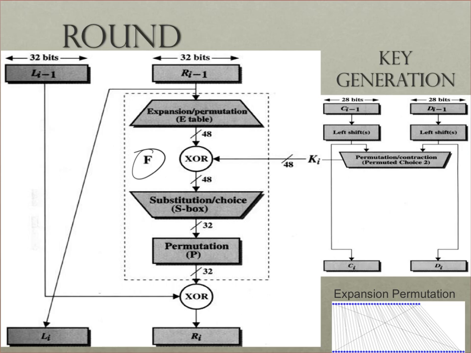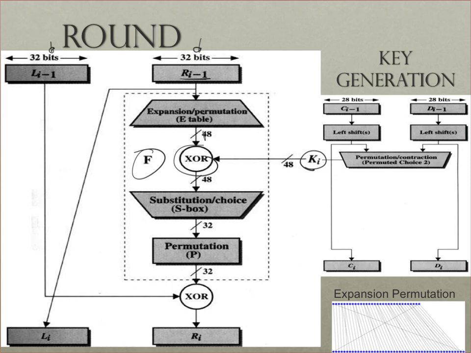So the Ki gets XORed with something as part of the block that we have. As we said, we have the left element of 32 bits and the right element of 32 bits. So for each layer, we get the right element, and this is the round function.